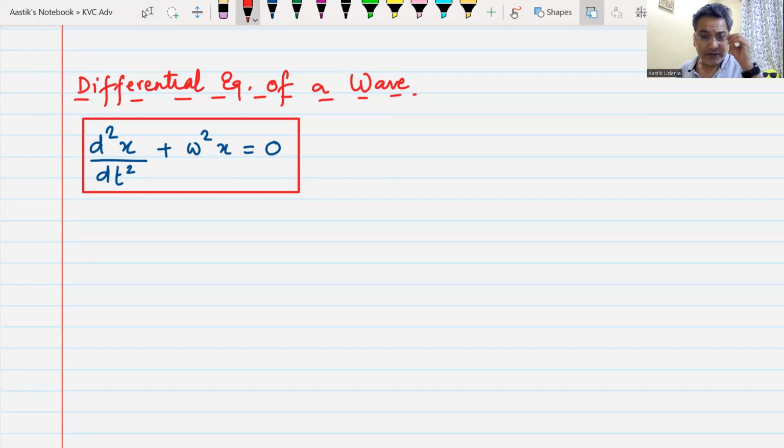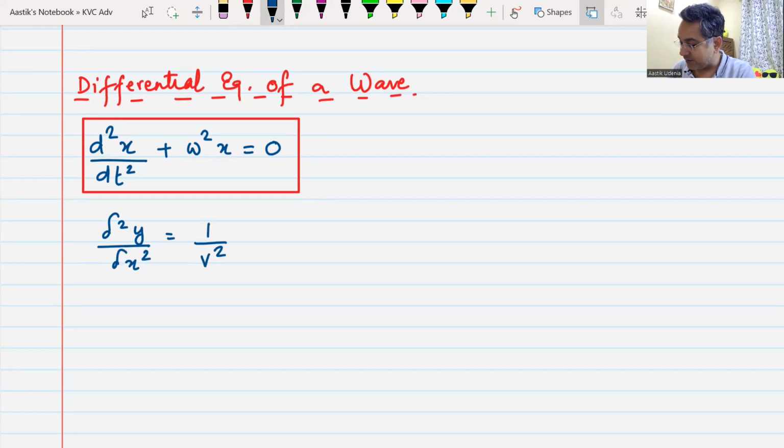Now we have the differential equation of a wave. It looks like this: del 2y by del x square is equal to 1 by v square into del 2y by del t square.